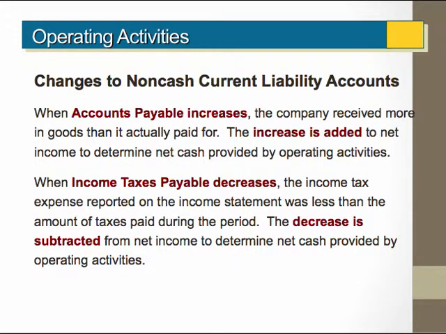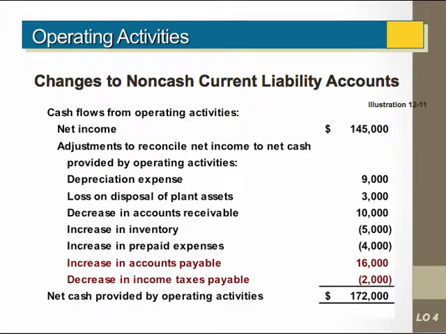Looking at accounts payable, it is on the opposite side. So when accounts payable increases, we'd have to add it to net income, or when income tax payable decreases, we'd have to subtract it from net income. So we'd have an example like this.